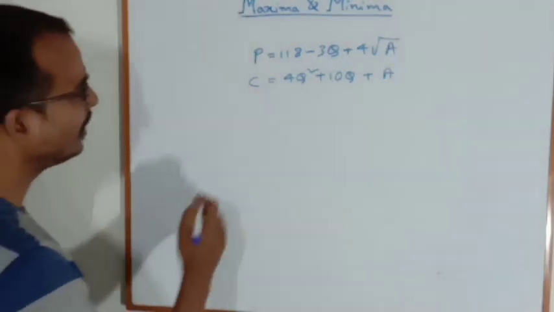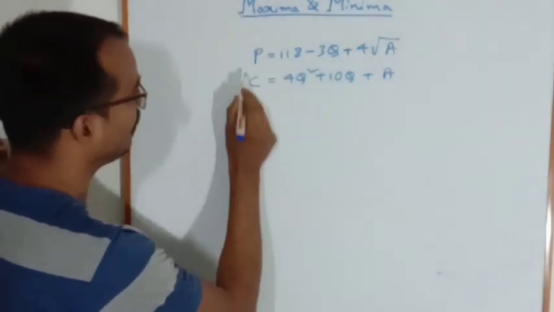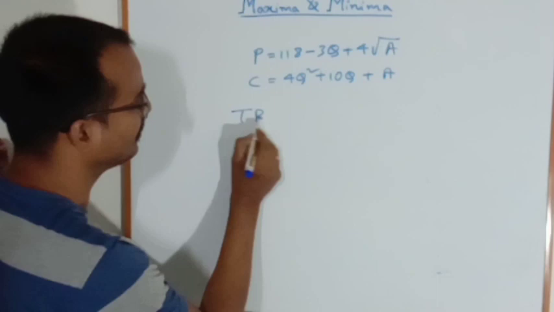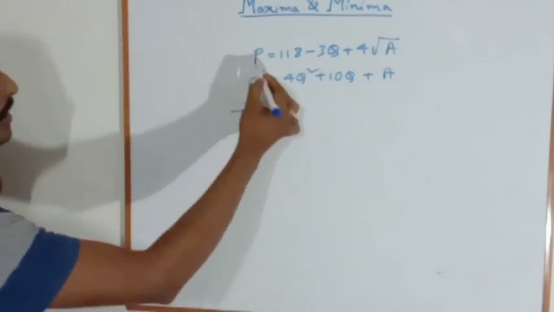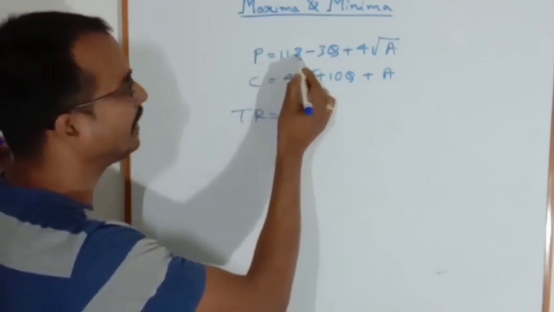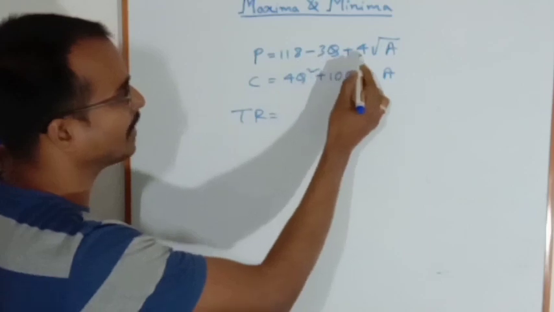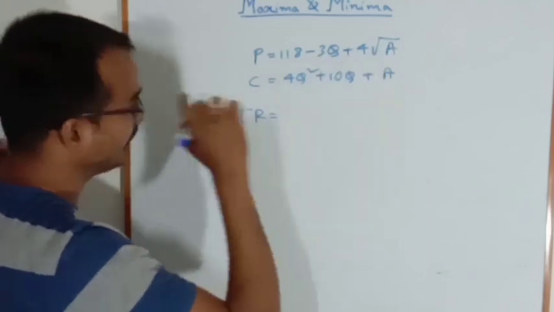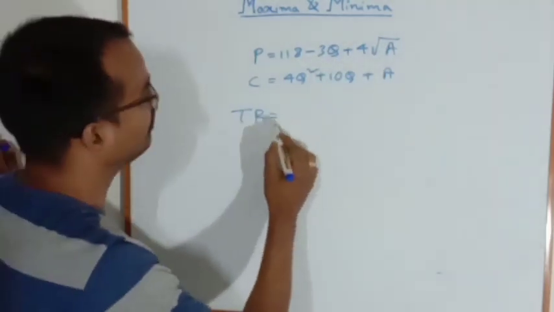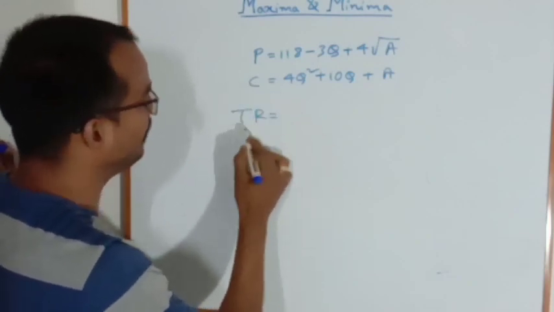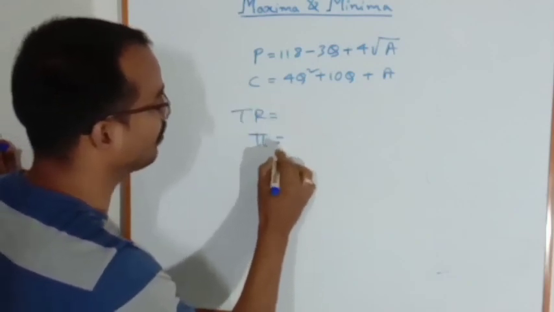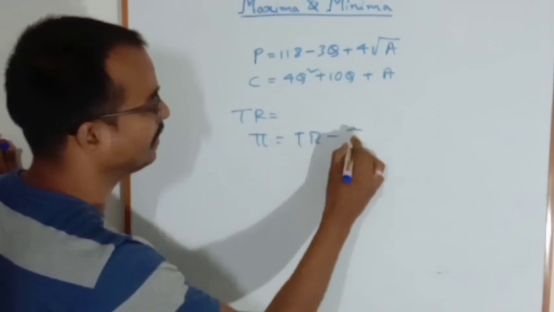From P you can get your TR function, simply P into Q, so 118Q minus 3Q square plus 4Q root A. You also have your cost function, so you will get your profit function, TR minus TC.